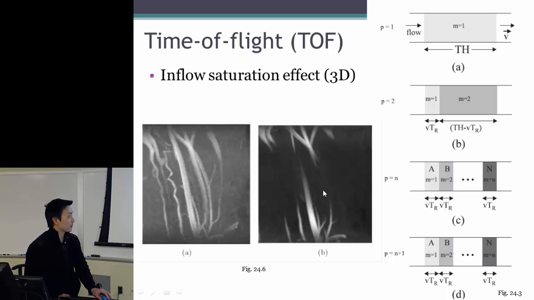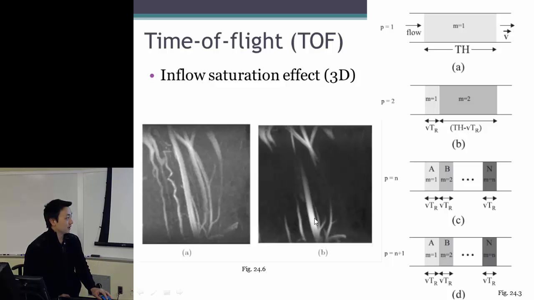We can also see that arteries have a higher flow velocity than the veins. Let's assume the blood experiences a certain number of RF pulses before it disappears due to its saturation effect.